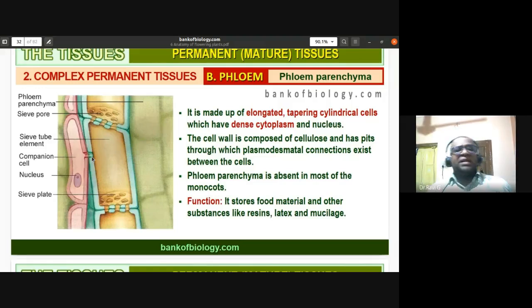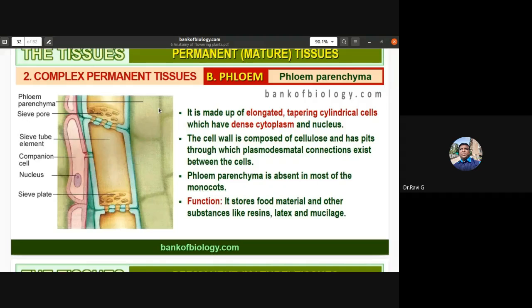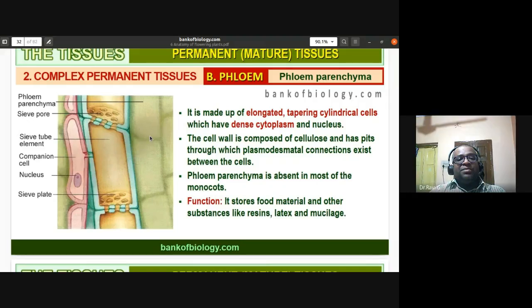So phloem parenchyma is made up of elongated, tapering, cylindrical cells. So you can see this phloem parenchyma, which has dense cytoplasm and nucleus. The cell wall is composed of cellulose, the primary layer of cell wall of phloem parenchyma. And it has pits through which plasmodesmatal connections exist between the cells.